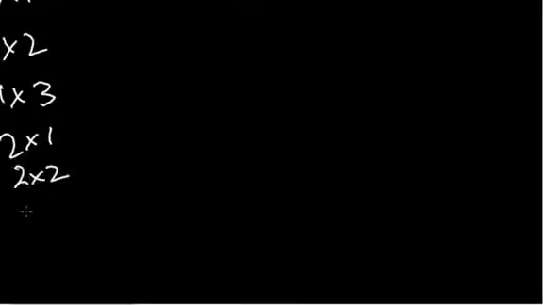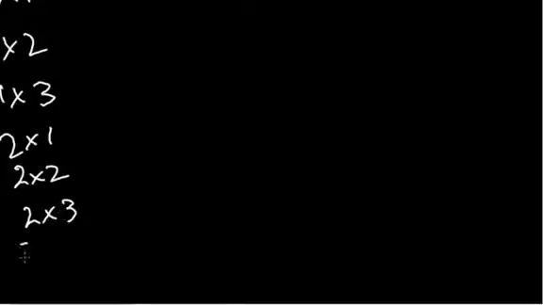Now let's say I told you I want you to give me the table of 1 into 1, 1 into 2, 1 into 3, 2 into 1, 2 into 2, 2 into 3, like that.